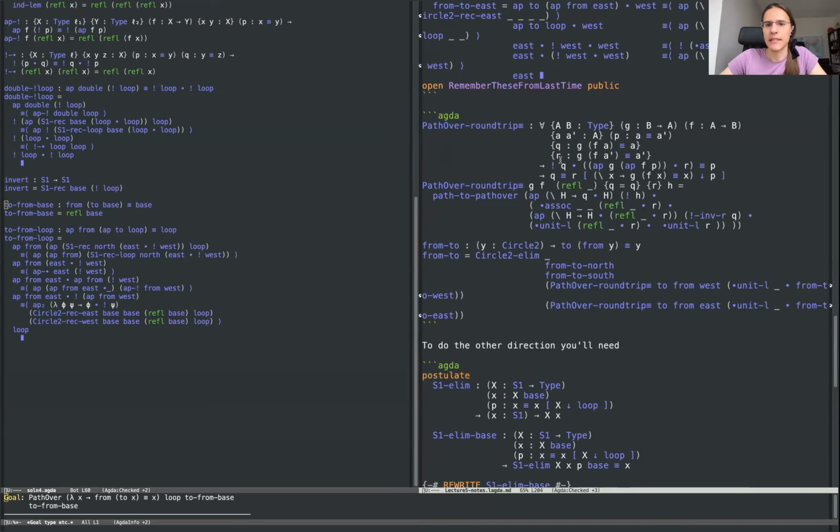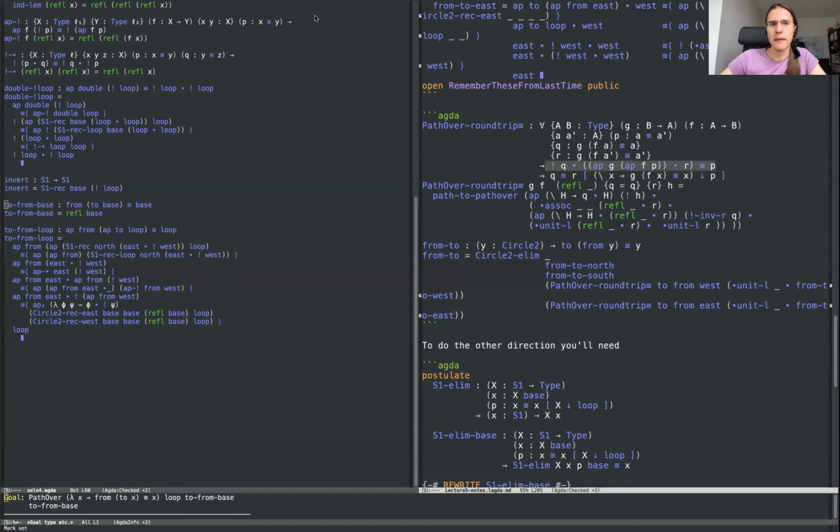And what the round trip lemma says is that if we want to construct a path between Q and R, where Q and R are 2 different paths from G F A to A and from G F A prime to A prime, and if we want to construct a path between them that goes over G F of P, then it suffices to construct the following path.